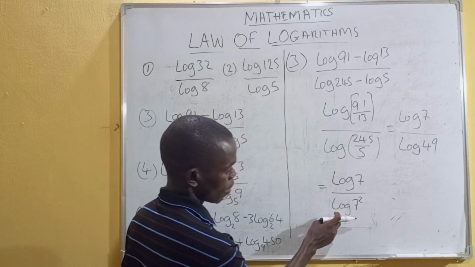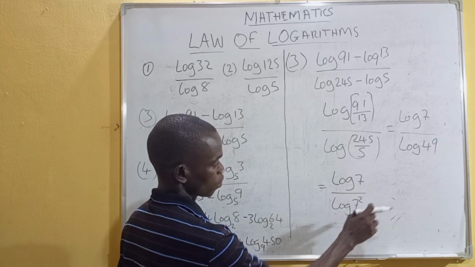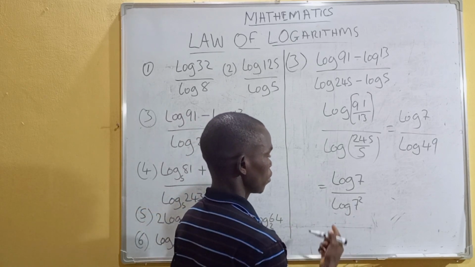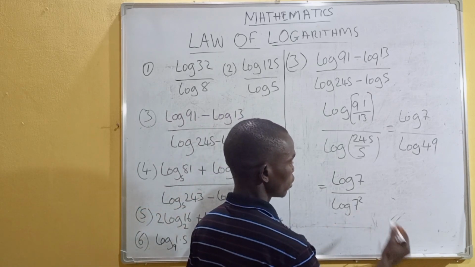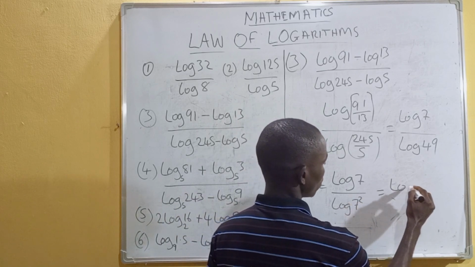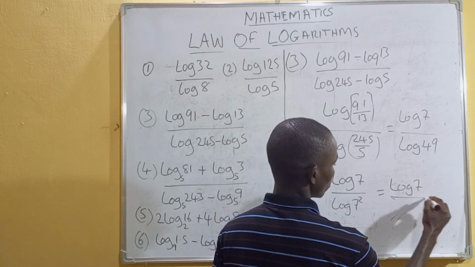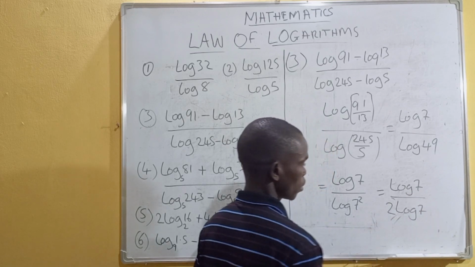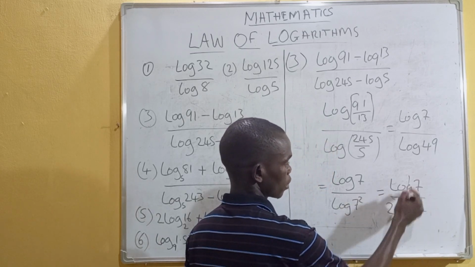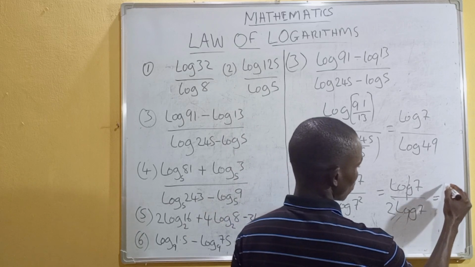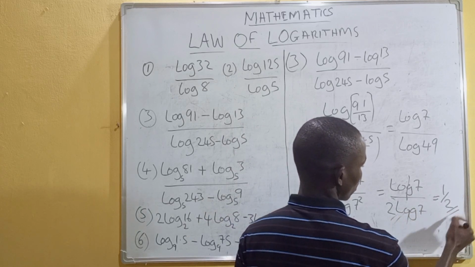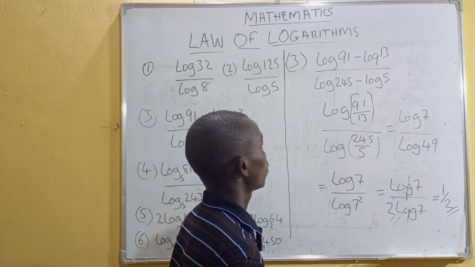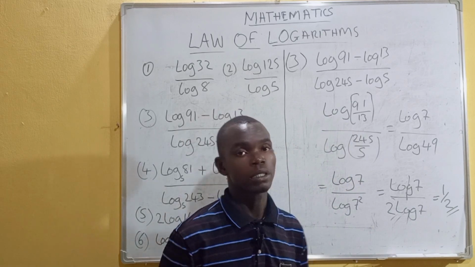And since this is a power law, we use this power to multiply the log of the denominator. It will now be log 7 over 2 times log 7. Since these two are the same now, they will cancel out. Our answer will now be 1 over 2. This is our answer for question 3.